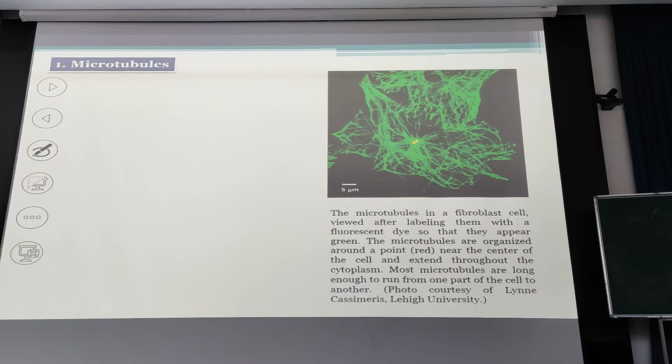And here are the microtubules under the microscope. All the microtubules are organized around a red point here, and they extend throughout the cytoplasm. So the microtubules, imagine that they are a tube like this. They have two ends.